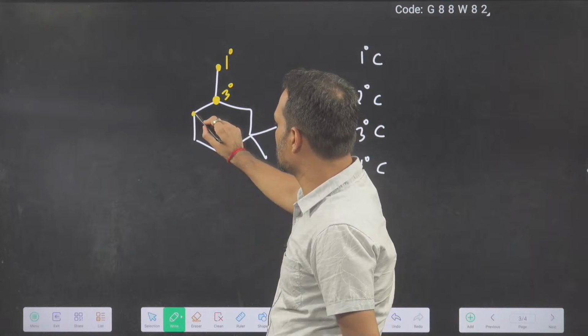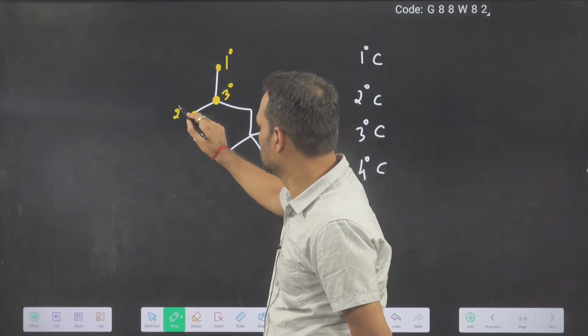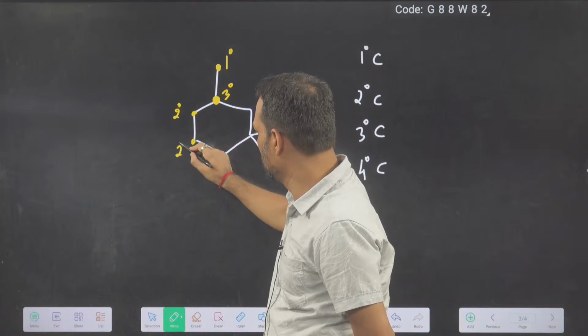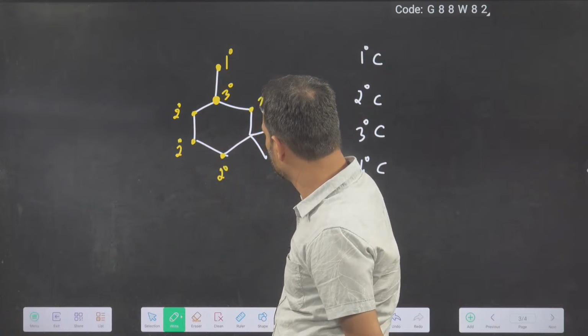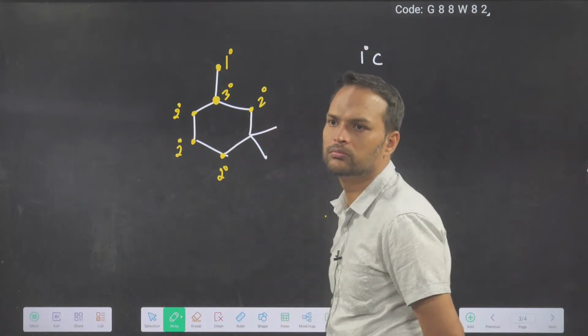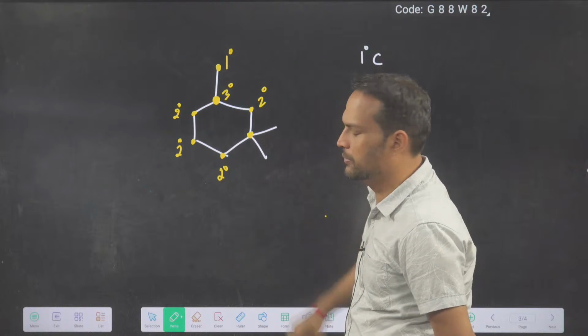Now tell me, this carbon connected to how many carbon? 2. Clear? What is the degree of this carbon? Quickly.